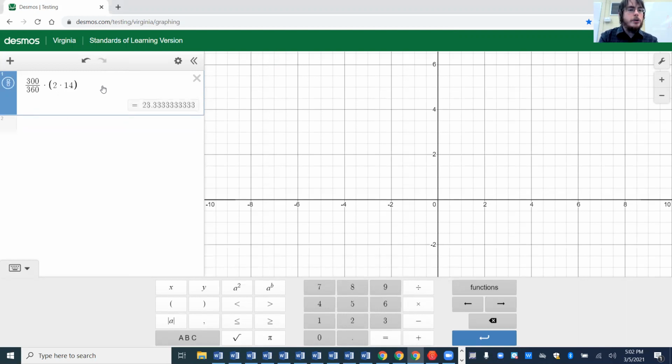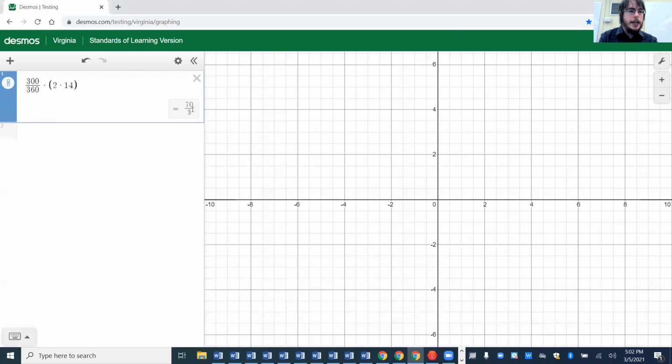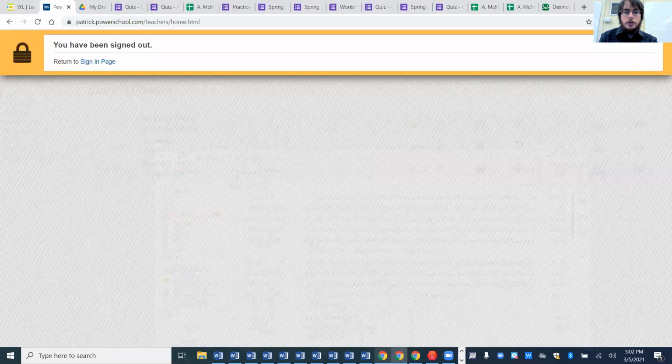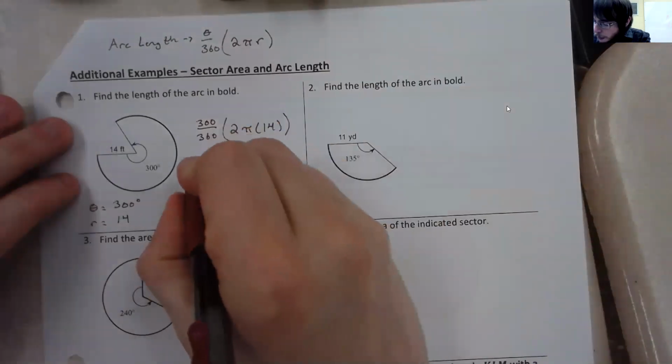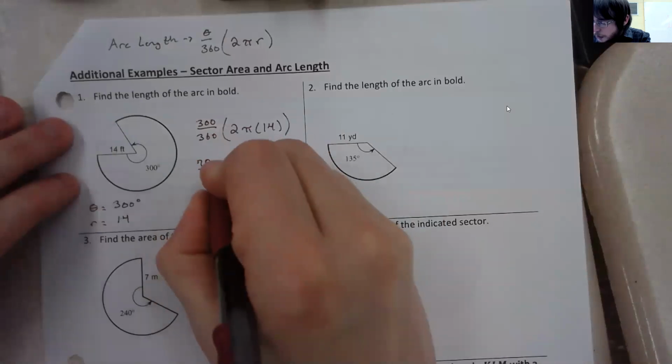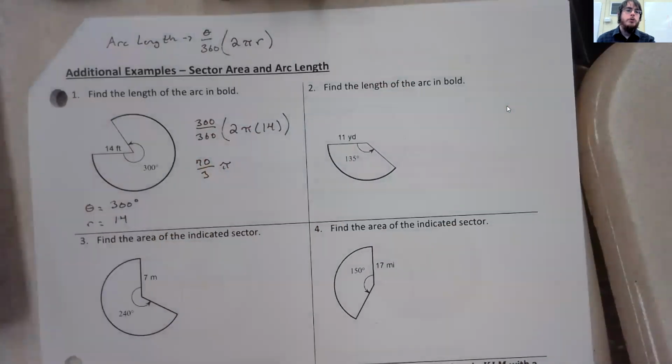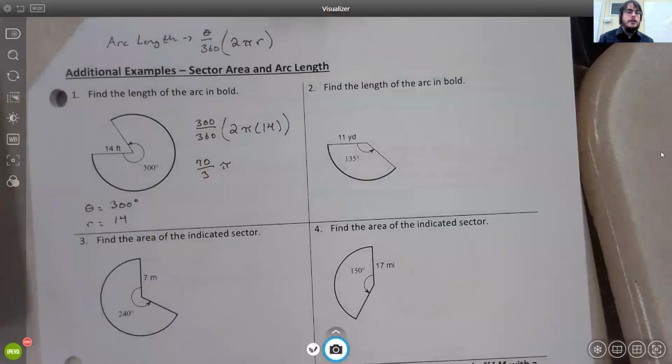So that gives us 23.3 repeating as our decimal. And so we want to make that a fraction in simplest form. So we click that and we get 70 over 3 as our fraction. So 70 over 3 pi would be our exact arc length.